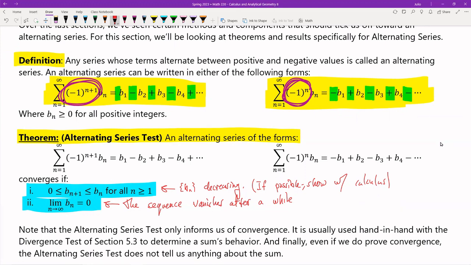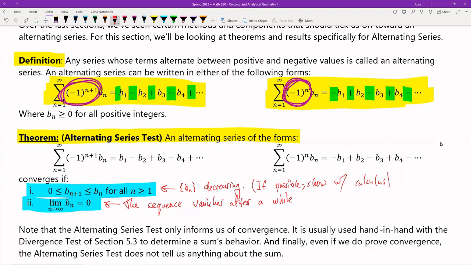So long as you prove those two, that your sequence is decreasing and your sequence vanishes after a while, if you have an alternating series test, that's all you need to prove convergence.